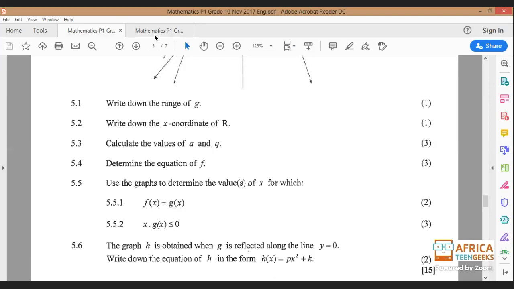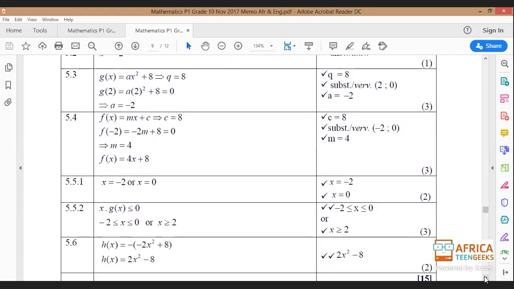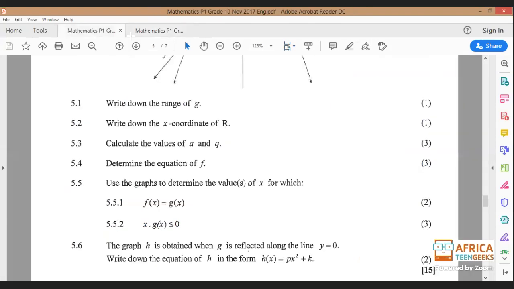So basically, you need to develop a new equation, which is your h of x, from g of x. So boys and girls, you need to say, okay, this is my h of x equals negative, and in brackets the whole of this is g of x, because we're told it was reflected through y equals 0.